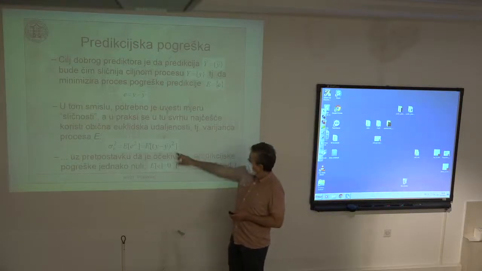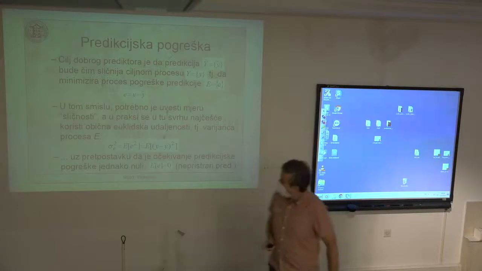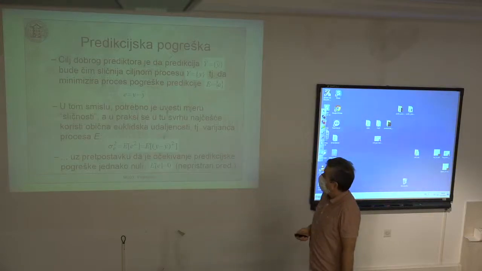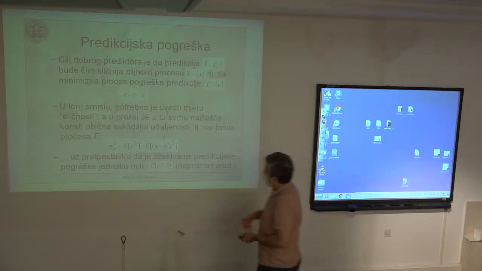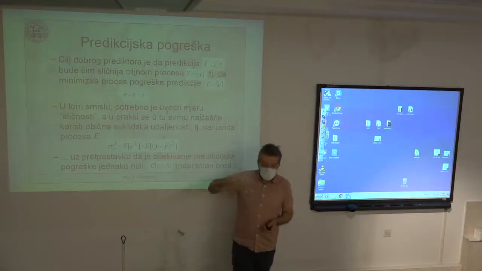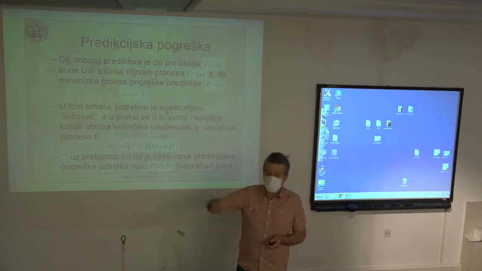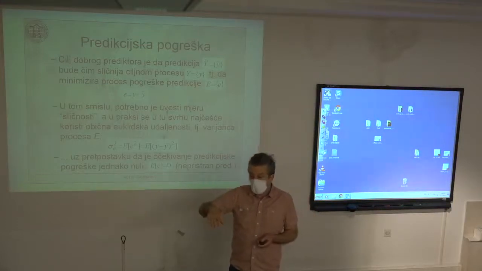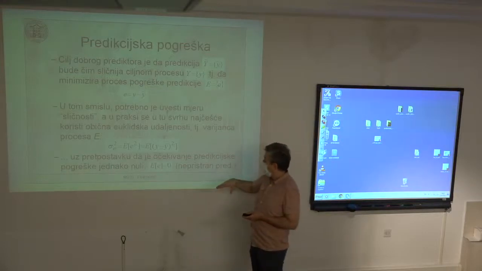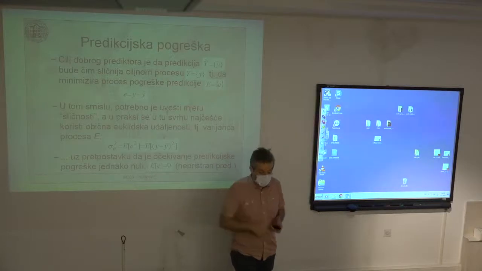This expression for the optimality of the prediction assumes that the predictor is also unbiased. That means that the expected value of the prediction error is 0. So it means the predicted value is always slightly above or slightly below the actual target value, but it is not consistently above or consistently below the target value.